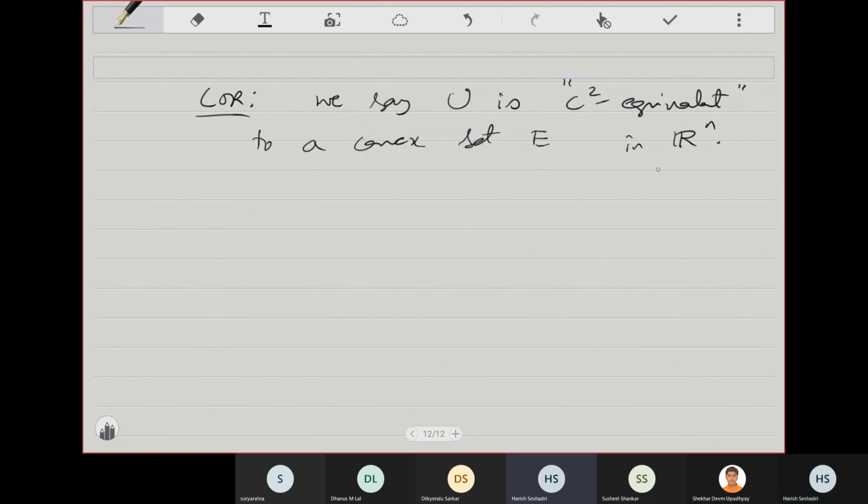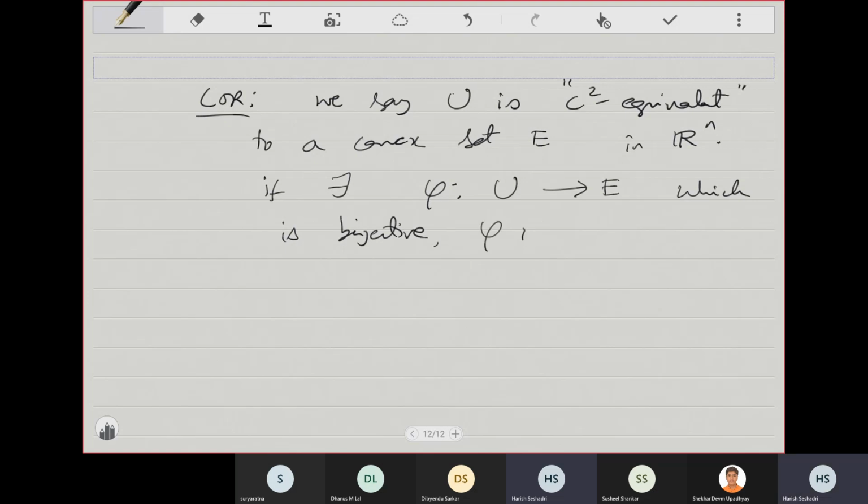That is, if there exists some phi from U to E which is bijective, phi is C2 and phi inverse is also C2.